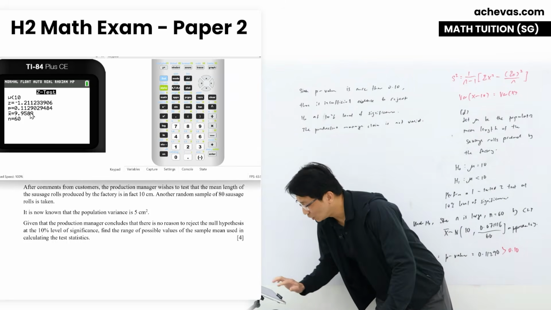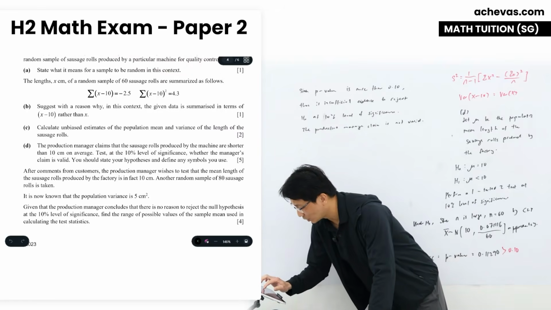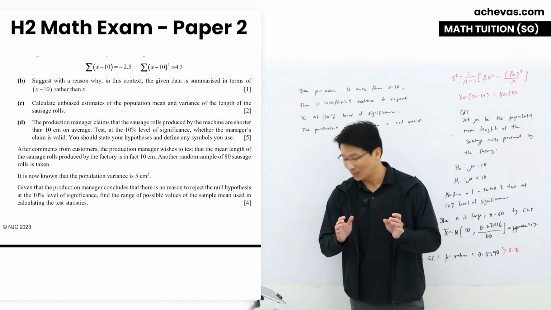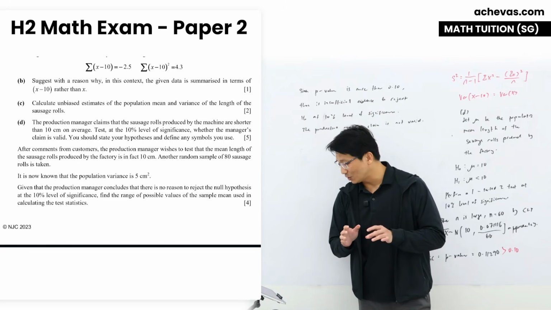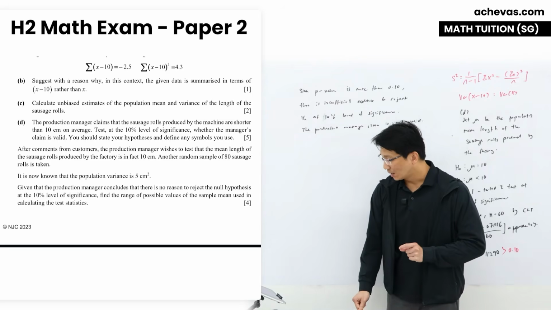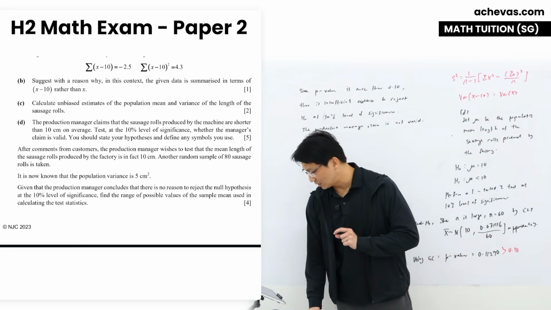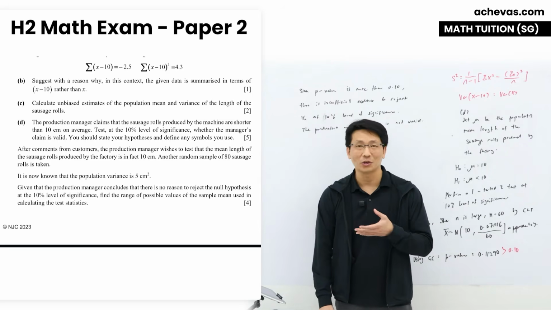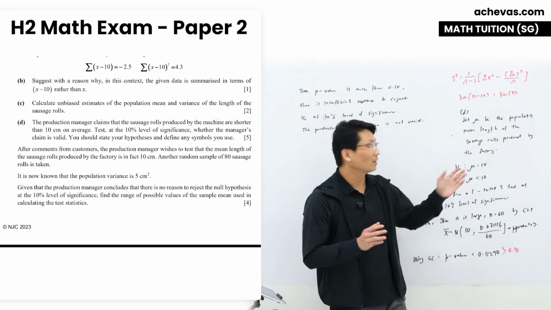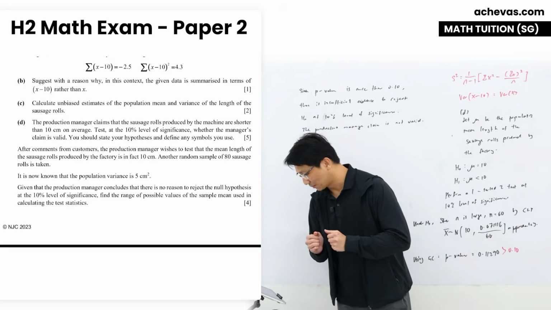All right, let's continue with the second part of this question. The second part says that after comments from customers, the production manager wishes to test whether the mean length of the sausage roll produced by the factory is in fact 10 cm. Another sample of 60 sausage rolls is taken. In this situation, the test is being modified from a one-tail test into a two-tail test now.